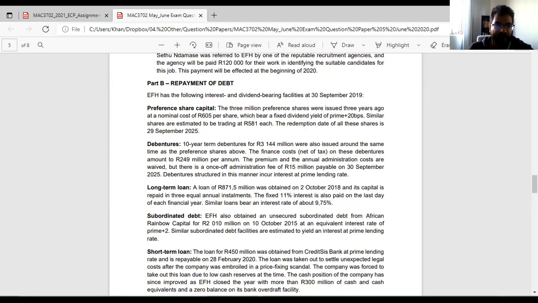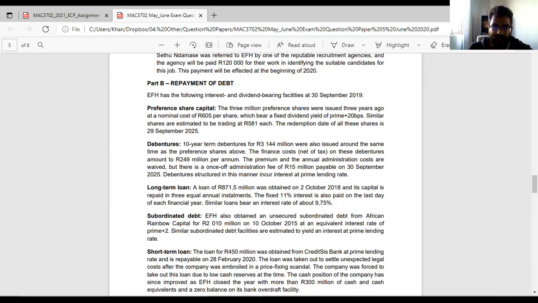Then we have debentures. So under debentures, we have a 10-year term debenture for 3.144 million. Were also issued around the same time as the preference shares above. Okay, so 3 years ago. So the 10-year term that was issued 3 years ago, that means the remaining period must be 7 years.